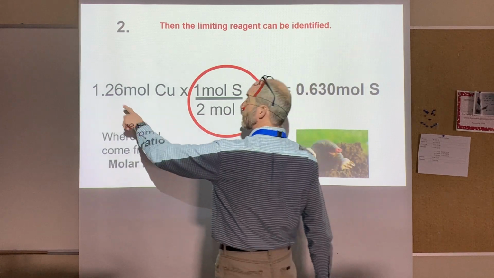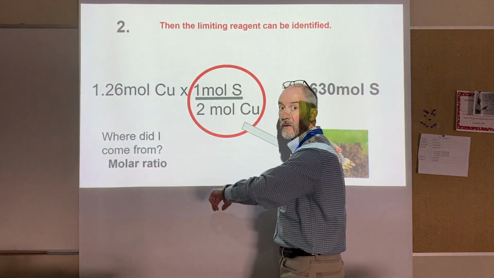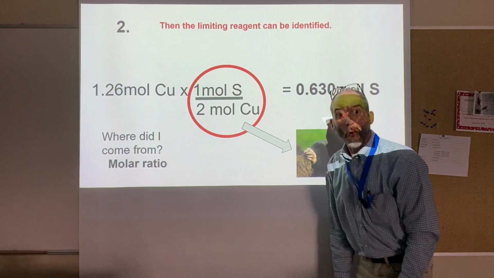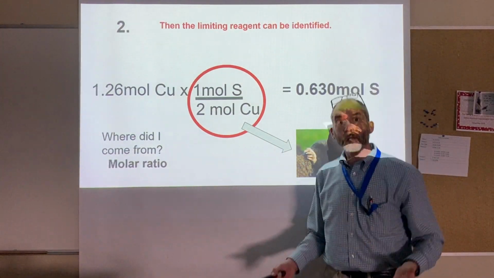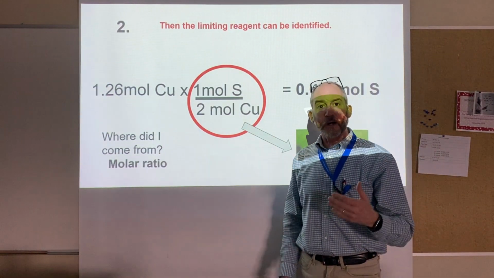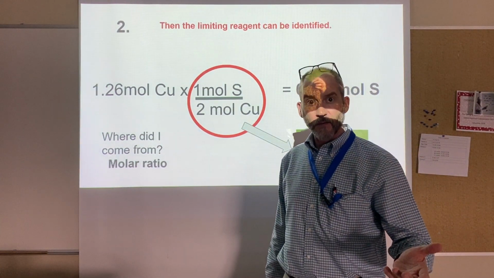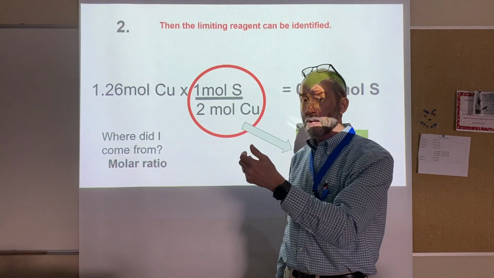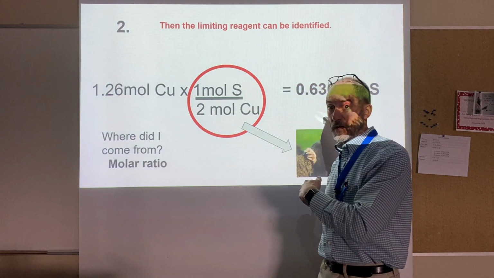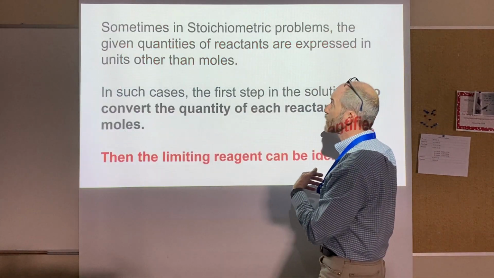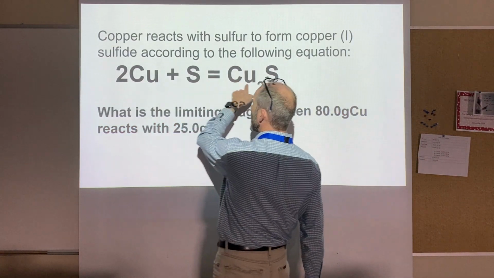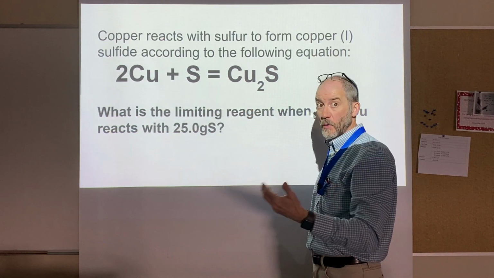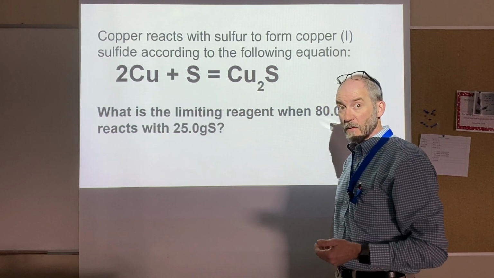And I'm going to convert 1.26 moles of copper to moles of sulfur. Now why am I doing that? Because if I know how many moles of copper that I have, and I use the molar ratio, that will tell me how many moles of sulfur I have to have in order for this reaction to take place according to the lowest whole number ratio balanced chemical equation.